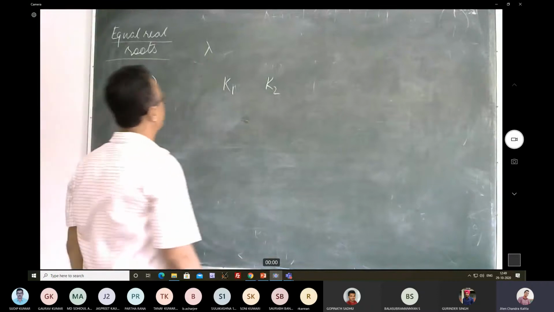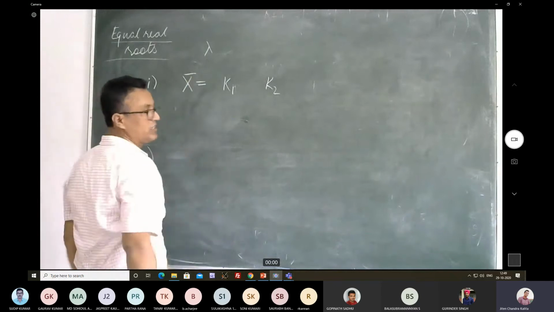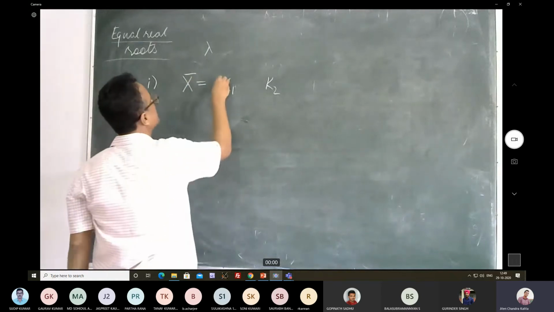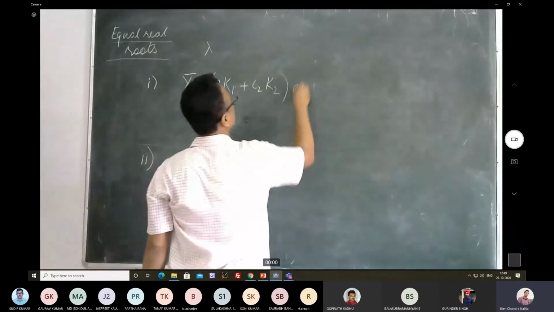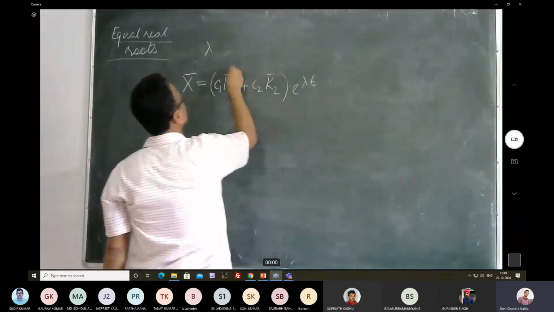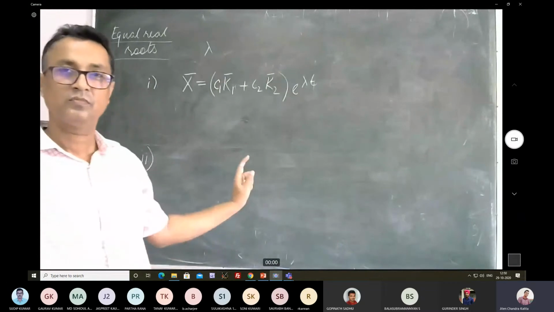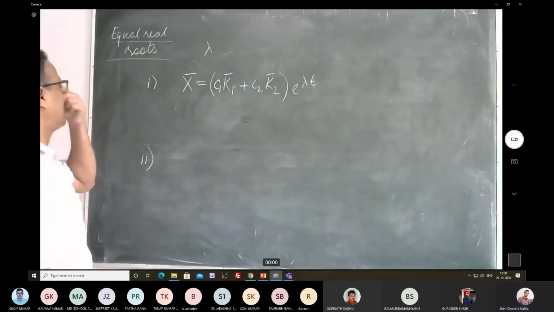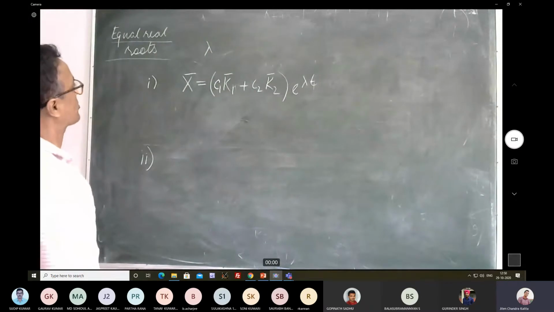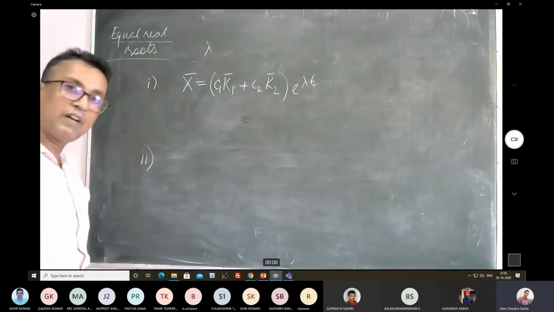Then your general solution will be simply this equation, when you can find 2 distinct eigenvectors corresponding to the same eigenvalue lambda.